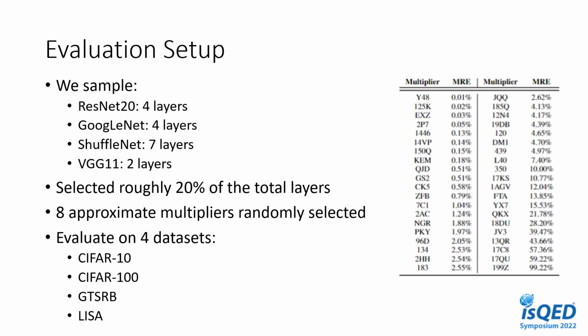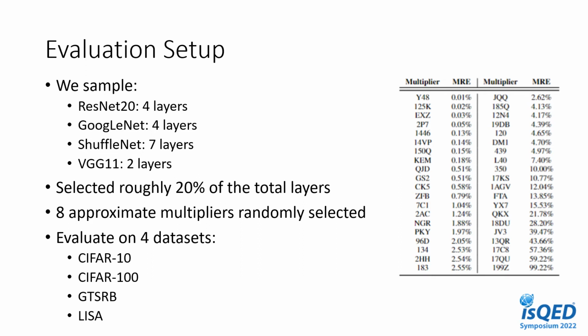We will now present our evaluation setup. As mentioned earlier, we split the 40 multipliers taken by the EvoApprox library and end up with a test set of 8 multipliers. For each of the considered DNNs, we decide the sampling layers following the example described in the previous section.